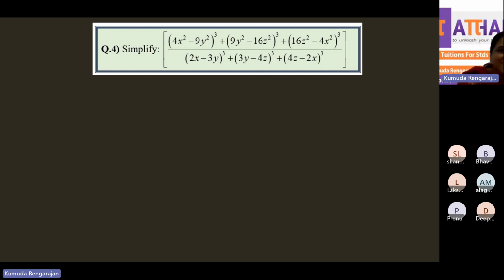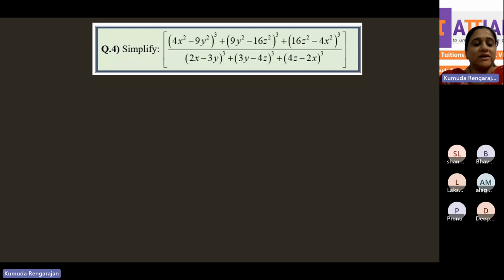Same answer. Very good. Yes, Pranav, what's your answer? Plus 2x plus 3y into 3y plus 4z into 4z plus 2x. Very good.